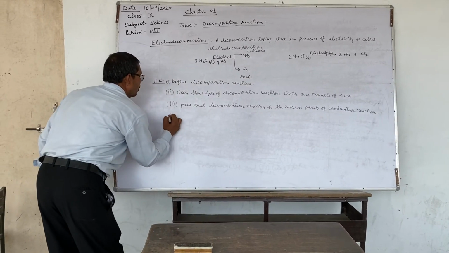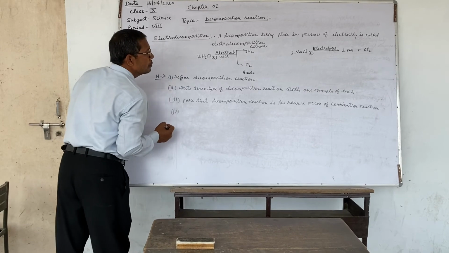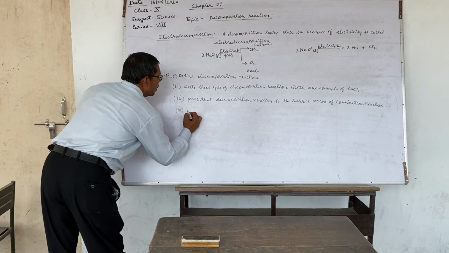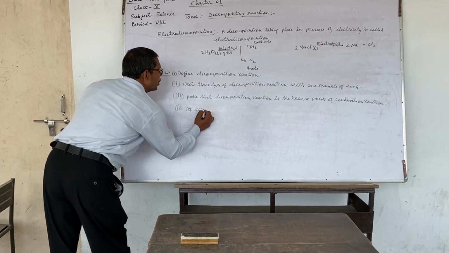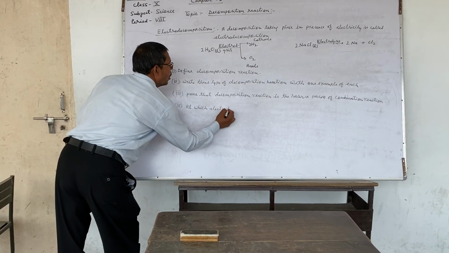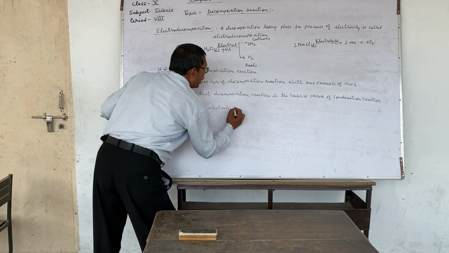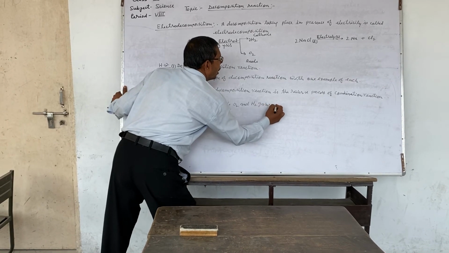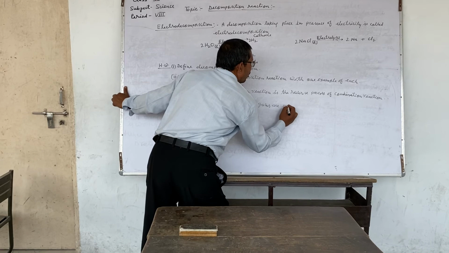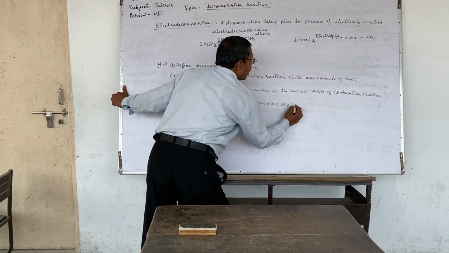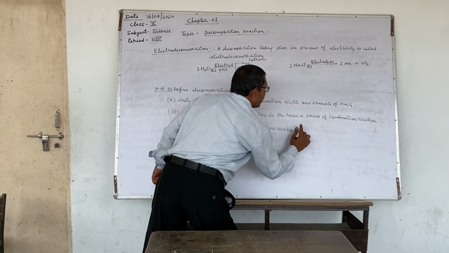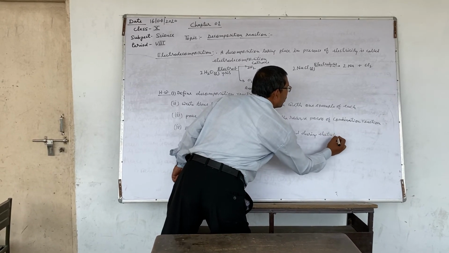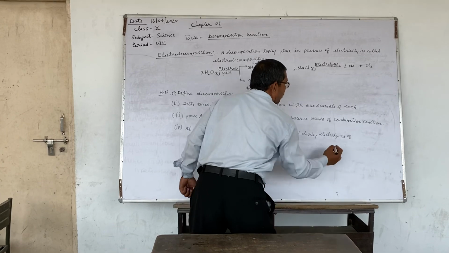Question number 4: At which electrode oxygen and hydrogen gas are evolved during electrolysis of water.